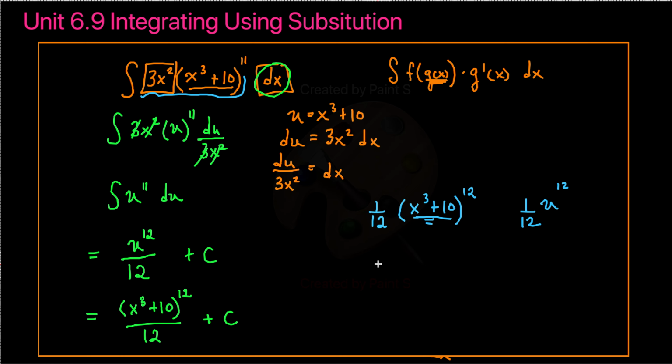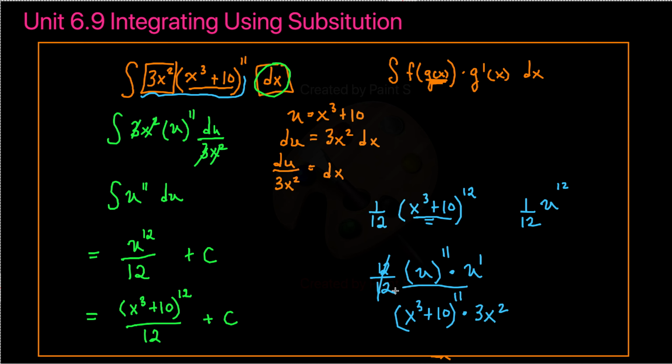Well, bring down the 12, 12 over 12 now. The exponent decreases by 1, times the derivative of that u value. Well, u was x cubed plus 10, to the 11th, times the derivative of u, which is just 3x squared.